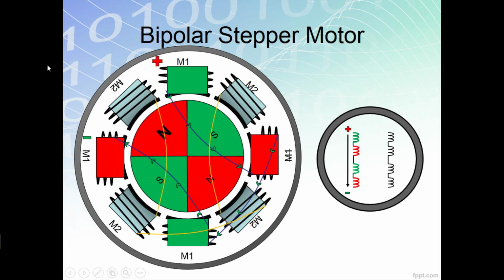And what would happen is that this north magnet would be attracted with this south magnet. And similarly, this north magnet will be attracted by this south magnet. So it will be attracted until it is fully perpendicular to each other.